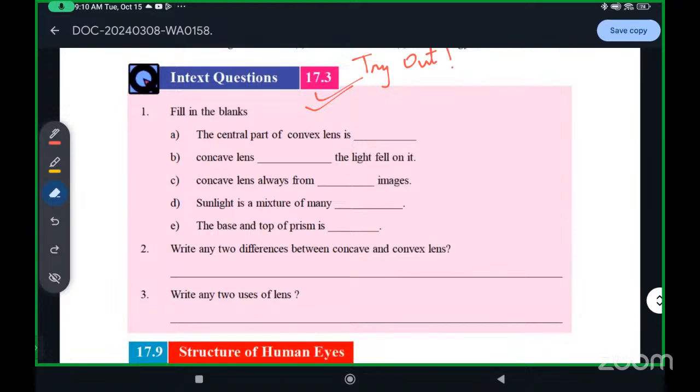Yes, three acute angles, each measure 80. So you add all the three 80-degree angles, and you will be getting 240.